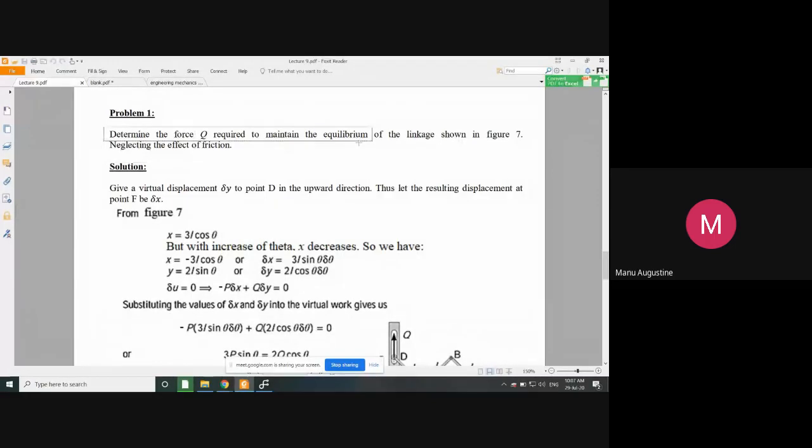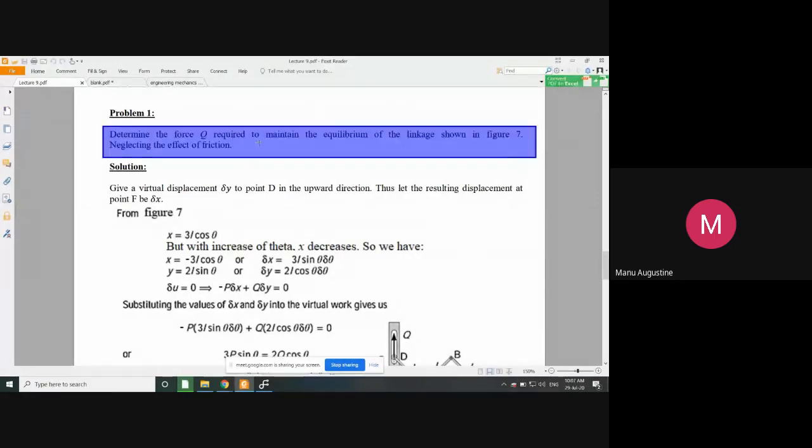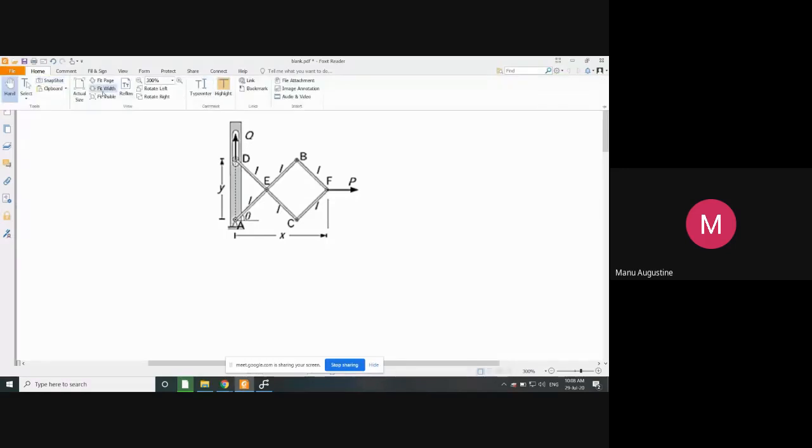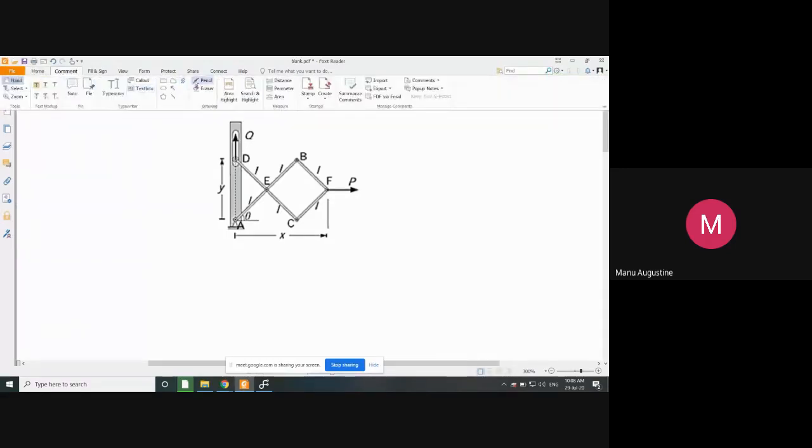Determine the force Q required to maintain the equilibrium of the linkage shown in figure 7. Neglect the effect of friction. Now this is the linkage. Look at the linkage and let us first understand its mechanism.